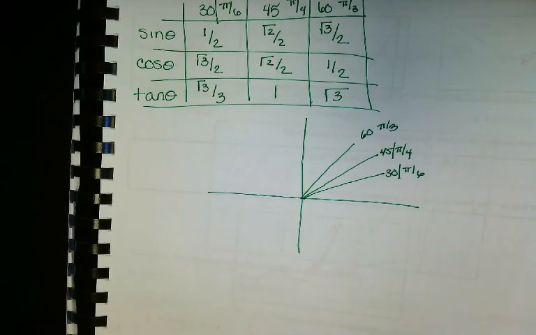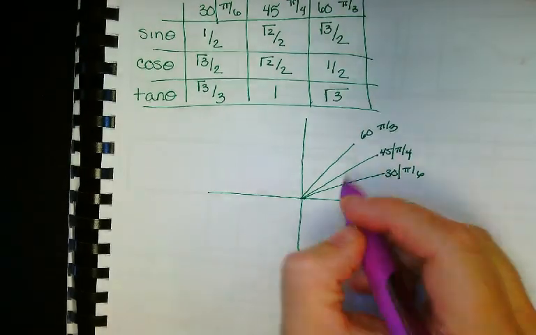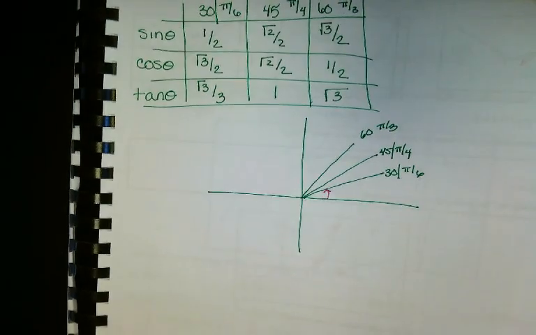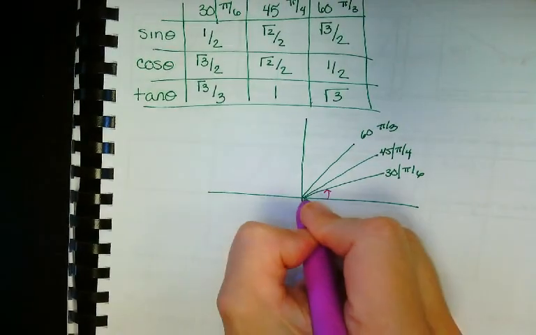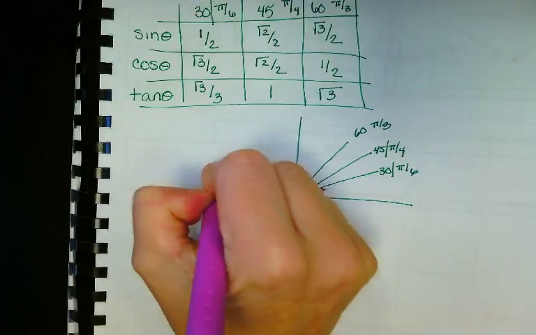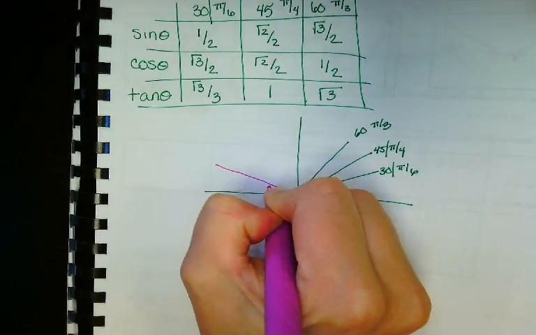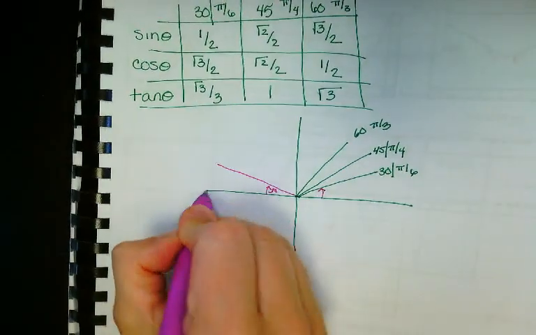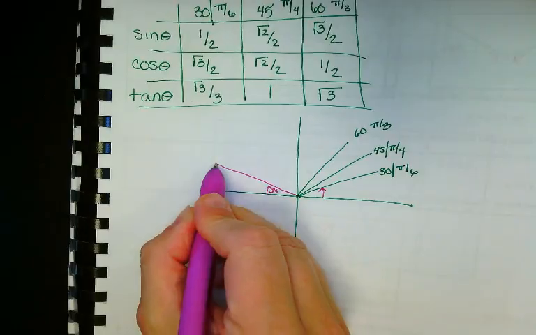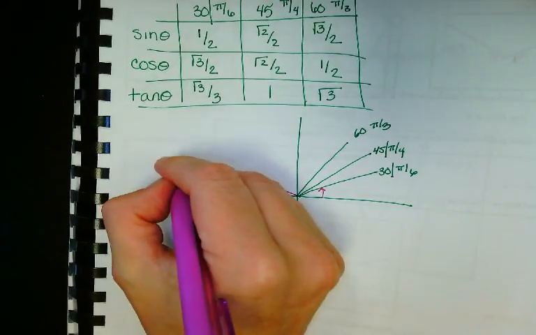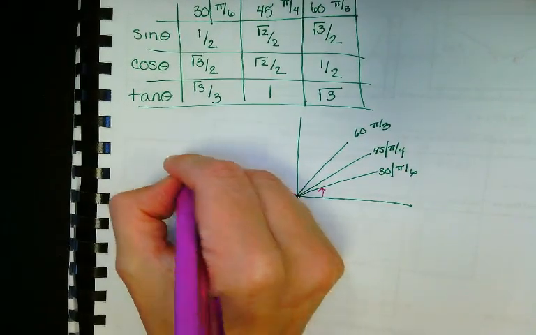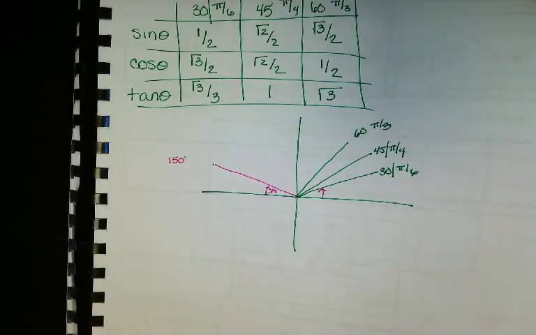Okay, so as you move these around, it is always the degrees of separation with the x-axis. So if this angle is 30 degrees away in the first quadrant, then it's also 30 degrees away in the second quadrant. So if this is 180 degrees and I go 30 away, that's really 150.